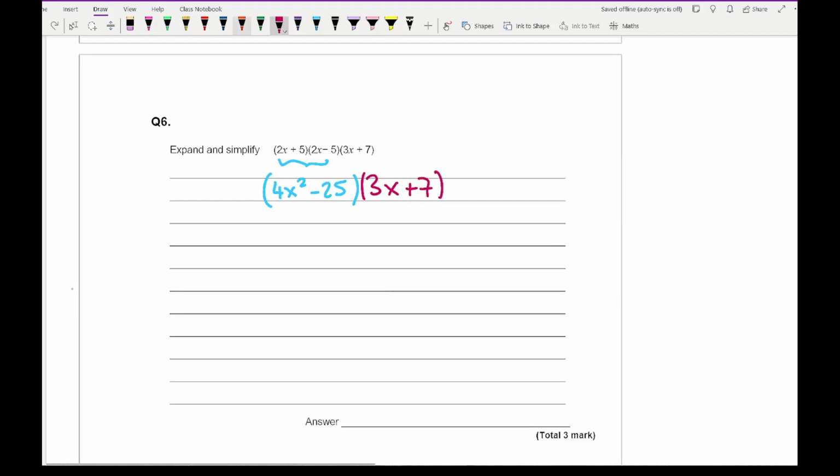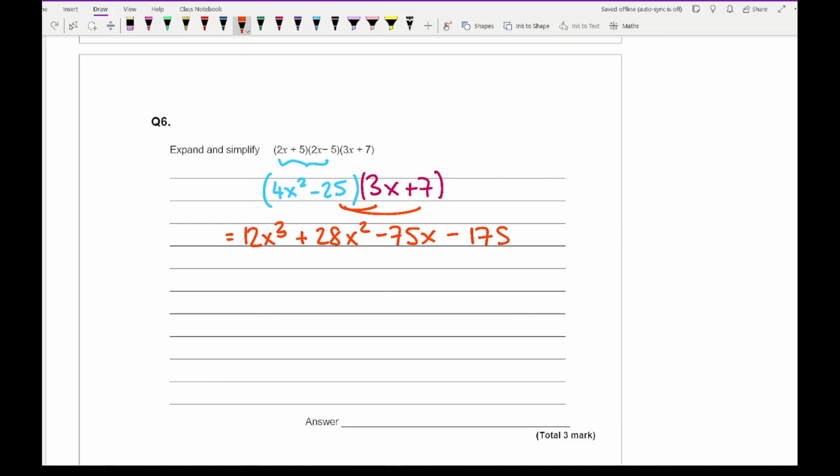So that's exactly what I'm going to do now. So then from that, what I've got is 4x squared times 3x, which is 12x cubed, plus 28x squared, and then minus 75x, and then minus 175.